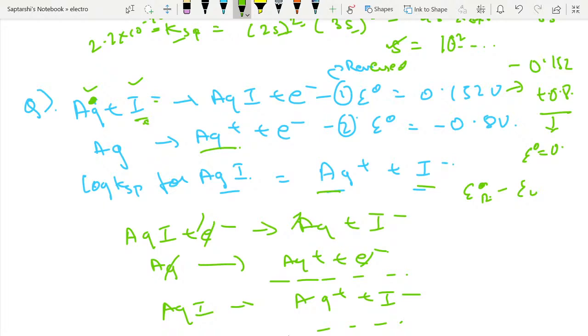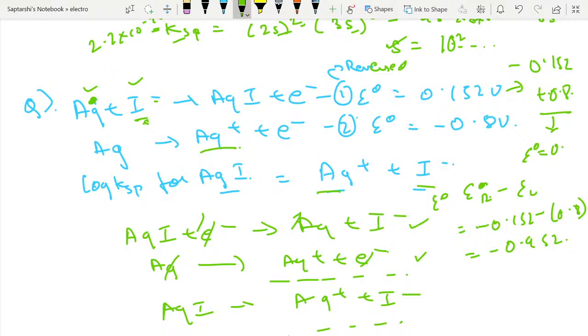Which one is getting reduced over here? This is getting reduced, and this is getting oxidized. How is it reduced? Because electrons are getting added. So the value will be minus 0.152 minus 0.8. So the value will be minus 0.952.